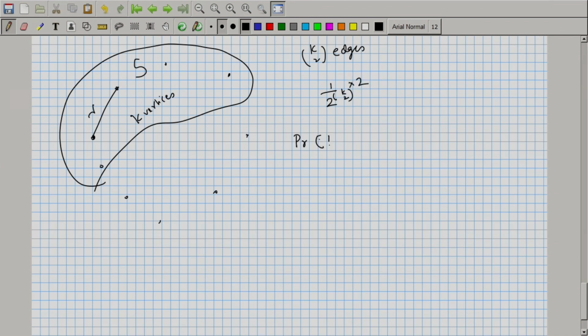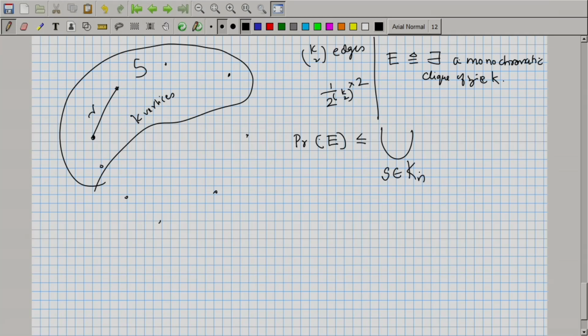So, the probability of the event E, where E was the event that there exists a monochromatic clique of size k, is going to be less than the union over all S belonging to Kn, we look at all possible subsets, of the probability of E_S. And by the union bound, that is less than the sum over S belonging to Kn of the probability of E_S.